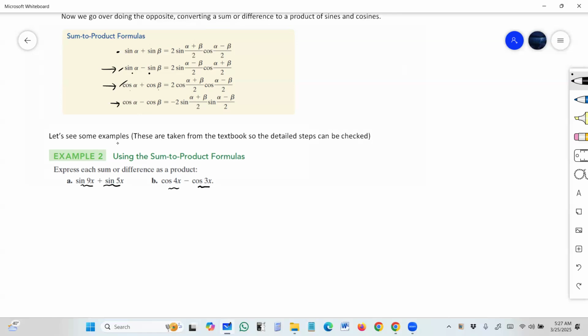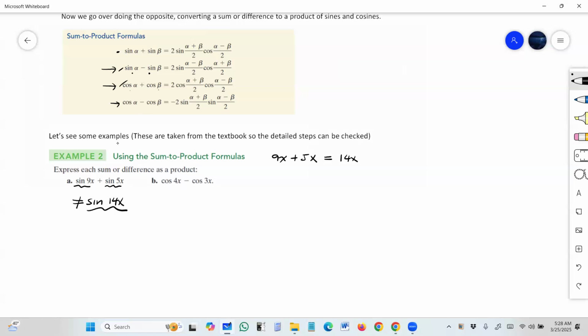All right, so let's do sine 9x plus sine 5x. Let me remind you of something first. When you have 9x and you're adding 5x, we obviously get 14x. But sine 9x plus sine 5x is not sine of 14x.